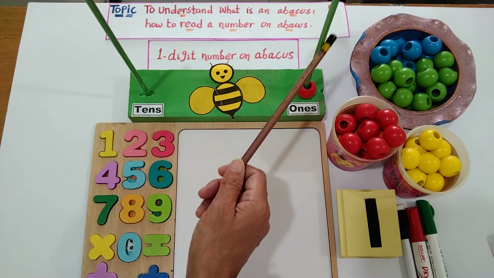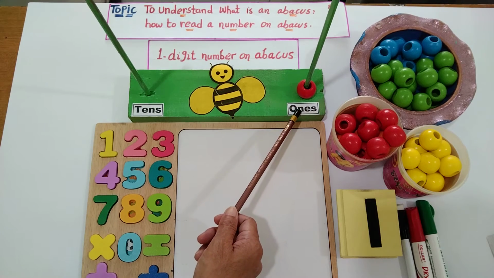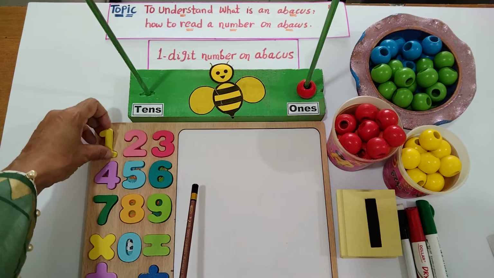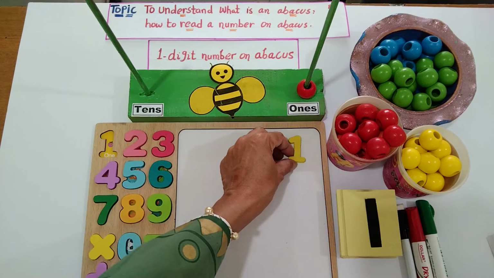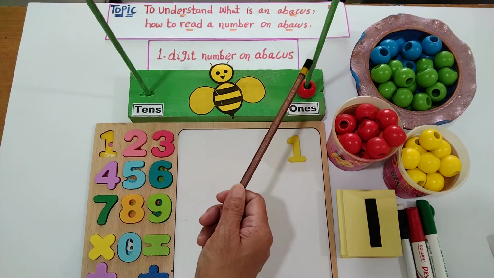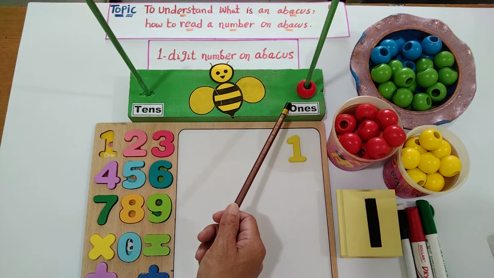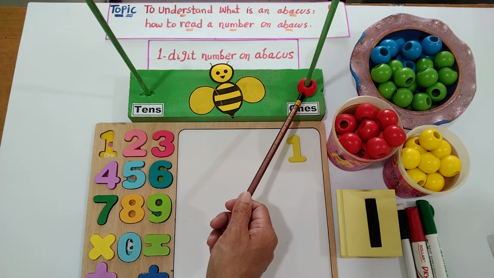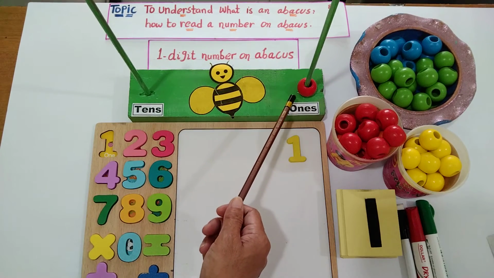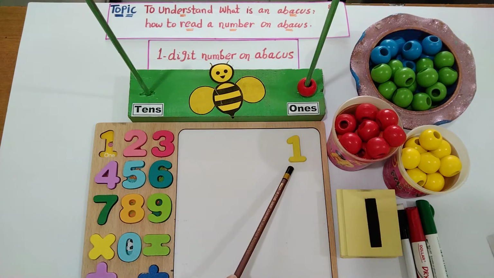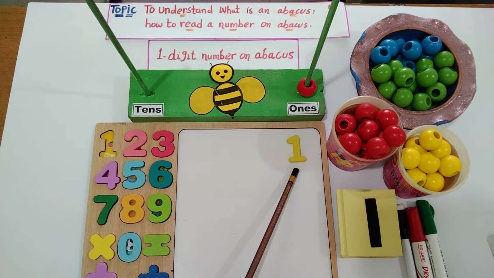So it represents number 1. One bead inside the rod on the ones place represents number 1.